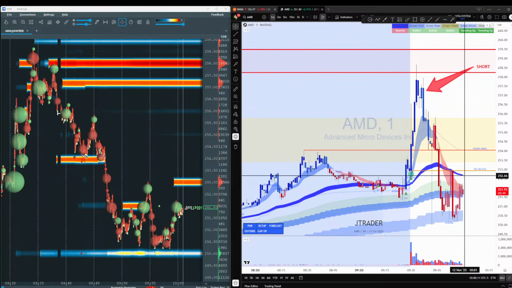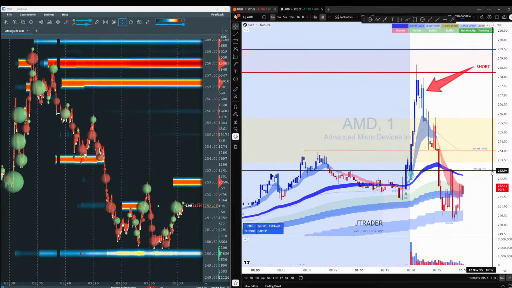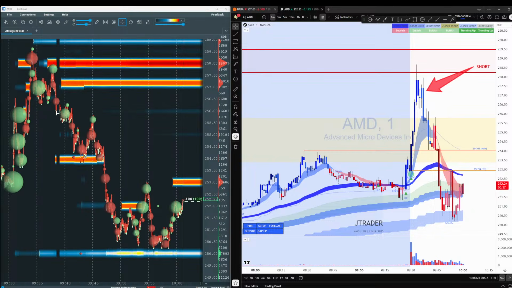So I would put a trail at 252.70 on AMD because that's the JLines. We also have the open level 253. Yeah, that 253 will be the one that makes more sense.